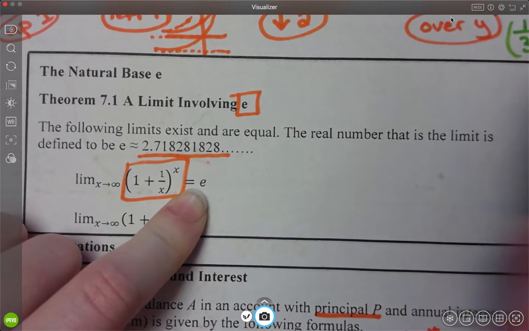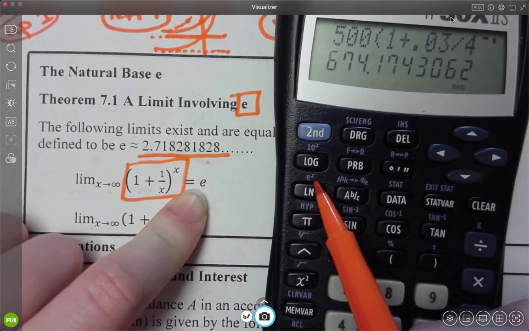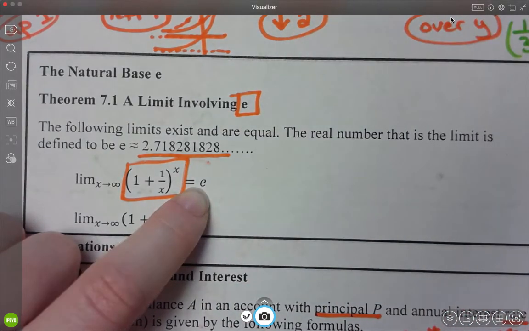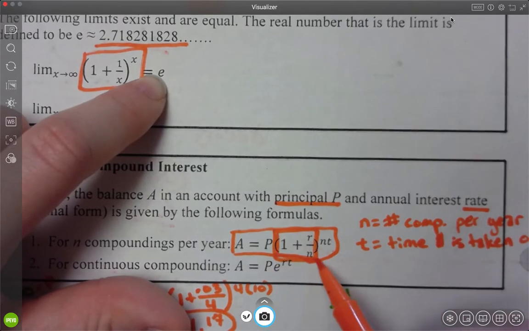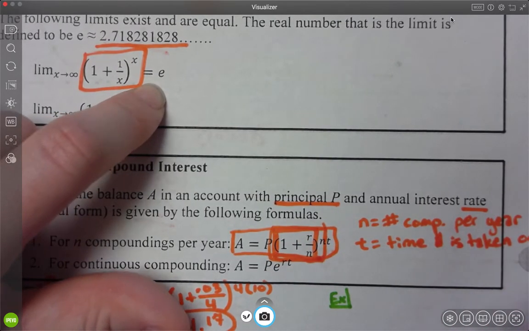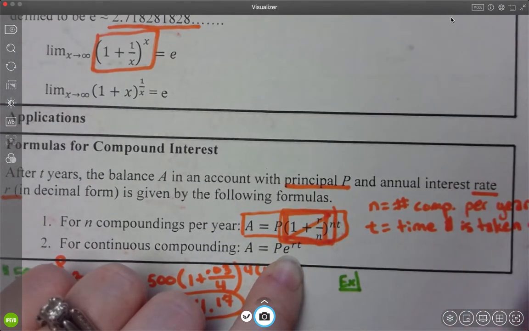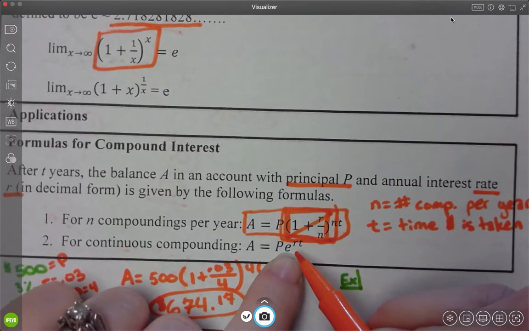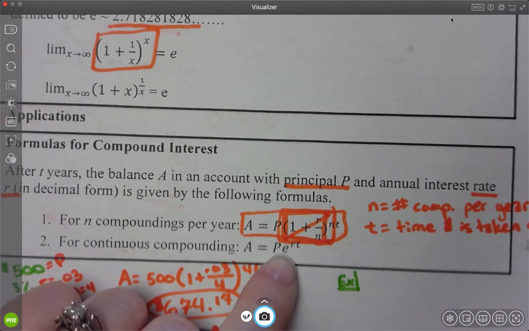And that is kind of like pi in your calculator. I have an E button, which is right here. It's right next to the LN, so I have to hit shift in order to hit E. Okay, but the more times you do it, the more this part of your formula, really it includes the N as well, approaches that value of E. So they basically get rid of this part of the formula to do continuous compounding interest, and they replace it with E, which is the PERT equation, okay?